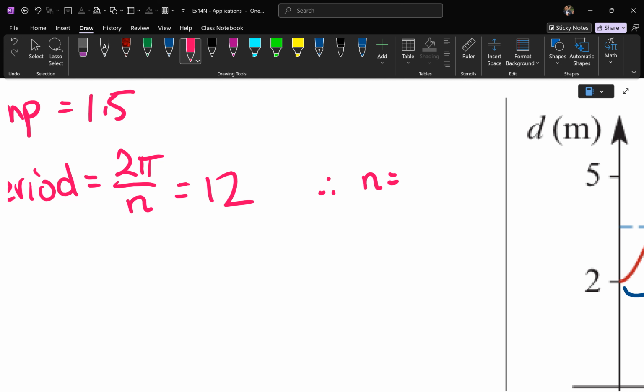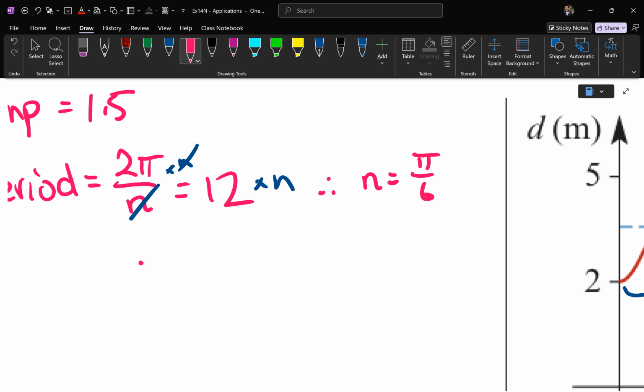Pi over 6. For those who don't know, this is similar to Pythagoras' theorem back in year 9 where you can swap these two if you want. I don't like thinking that way, but if that's how you did it back in year 9, you can think of it as 2 pi on 12 equals n, and therefore pi on 6. If you're wondering why that works, you could have just simply done some algebra, times n on both sides.